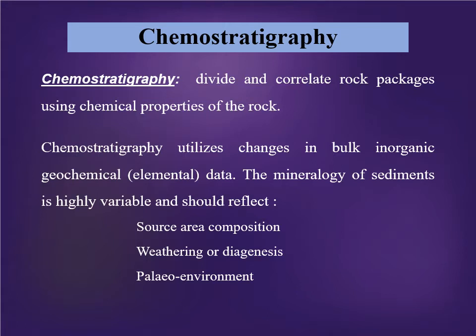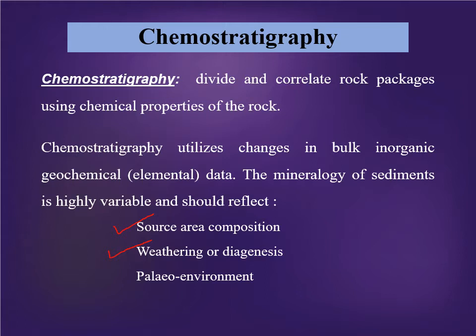The mineralogical condition can vary due to the difference in provenance, that is the source area composition. The mineralogical composition of any layer also varies due to different weathering or diagenetic processes occurring after the deposition of the layer. Weathering is basically the cause for fragmentation of the sedimentary particles from the source rock.